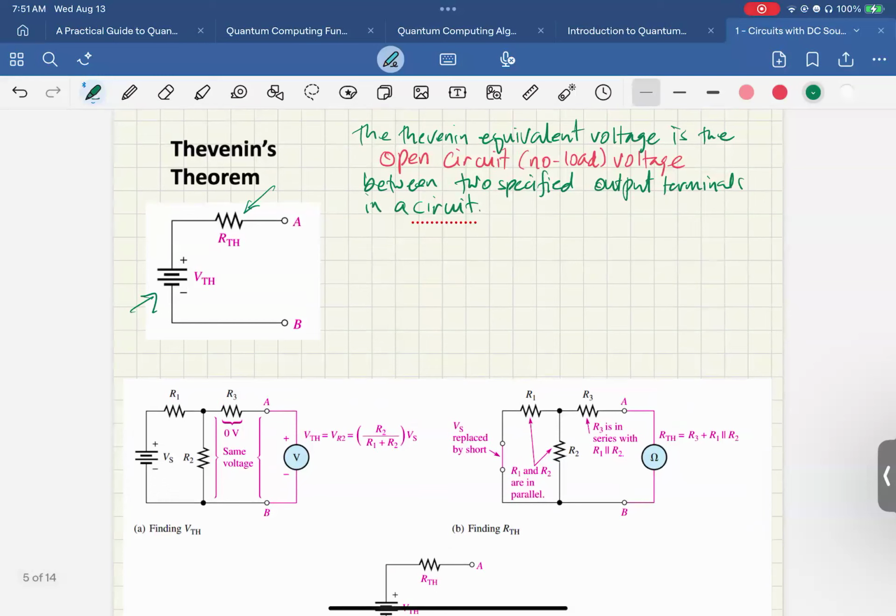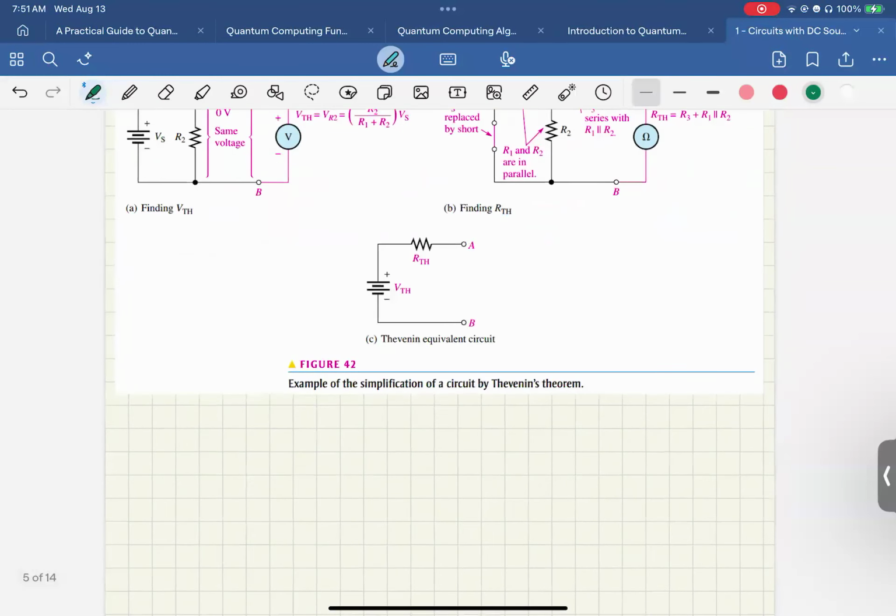Okay? So, yun yung definition. Teka, i-move ko lang ito konti.